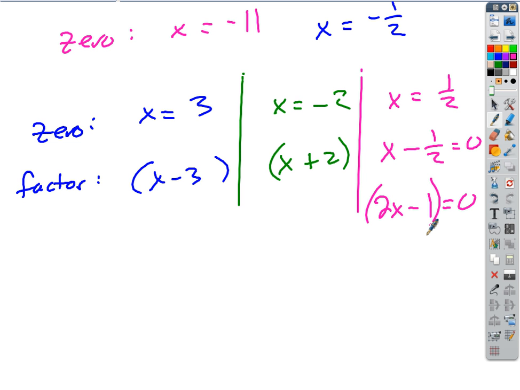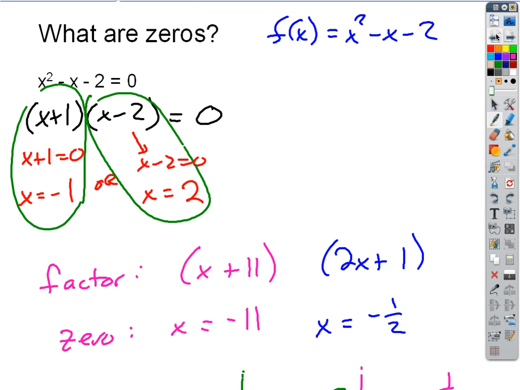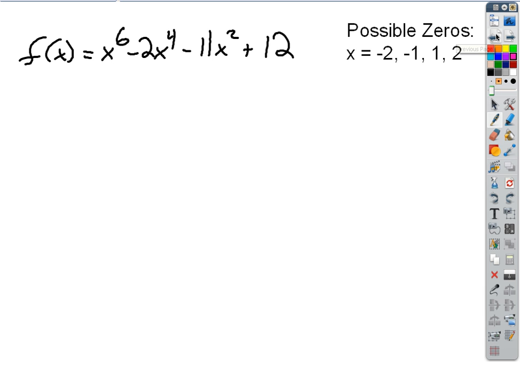Okay? All right, so now going back here. Here's what I want you to see. Now we made a correlation here, right? We said that the zeros of a function are the values of x that make y equal to 0, right? Synthetic division and synthetic substitution are the same thing. We just interpret the results differently, right? So I'm going to give you a list of possible zeros here, and I want you to determine which of those work.